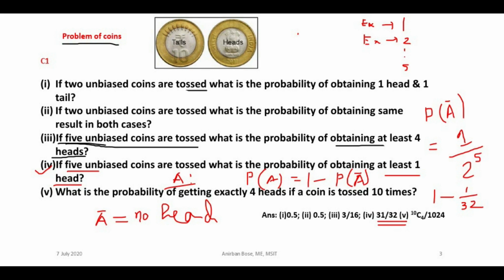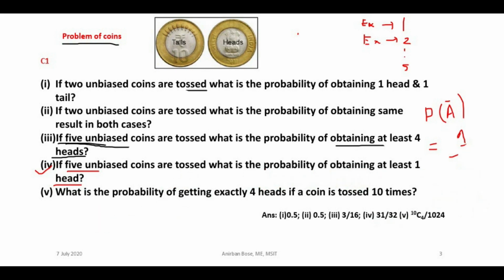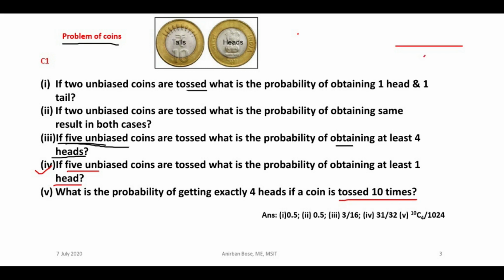Okay, now coming to the next problem, what is the probability of getting exactly 4 heads if a coin is tossed 10 times. Now it is a similar problem. So now the random experiment is this one.